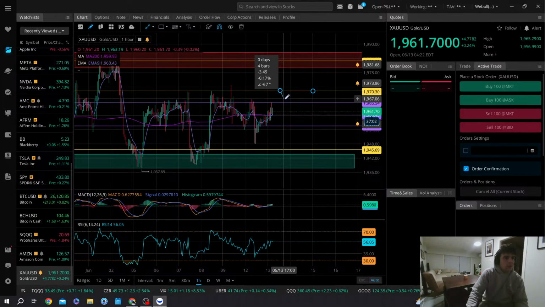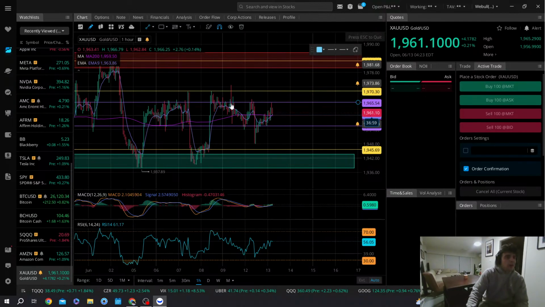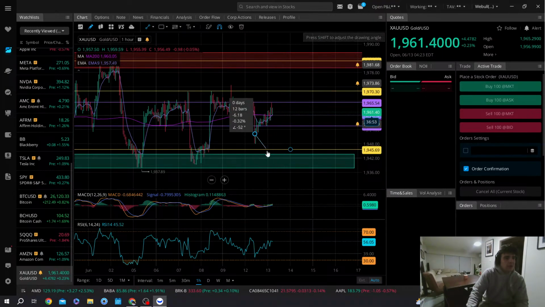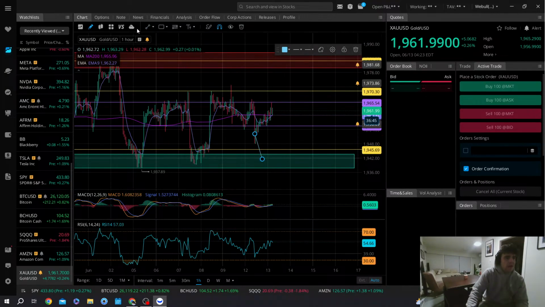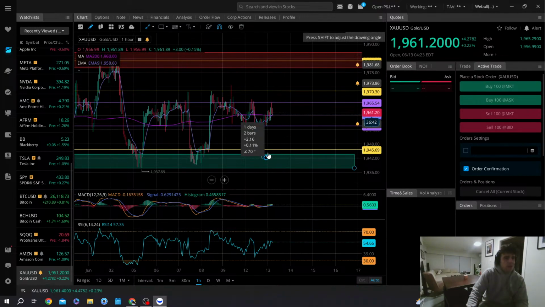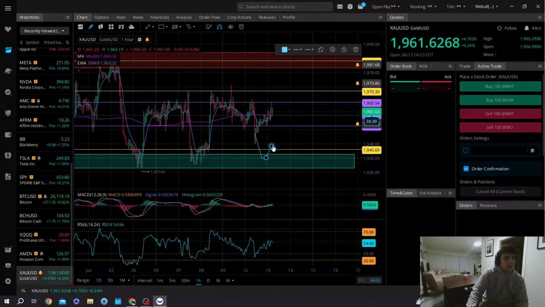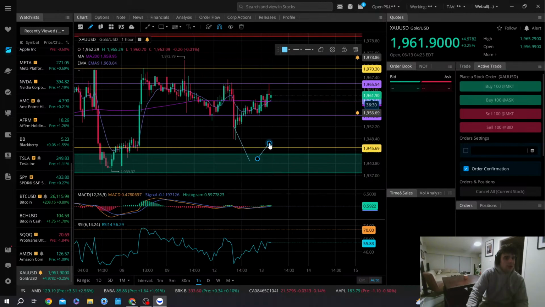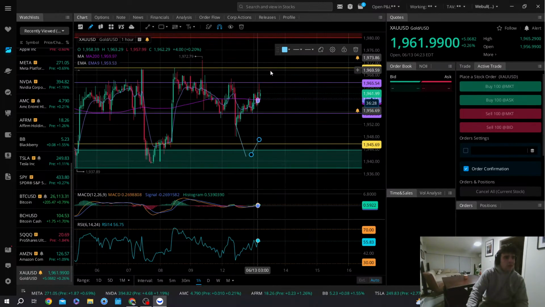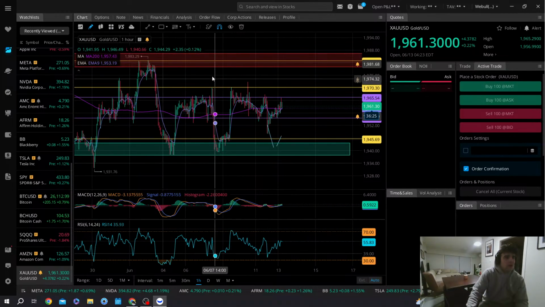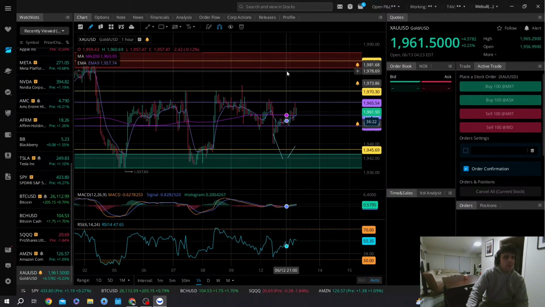Or, more likely and more of a favorable setup for me, I'd like to wait until it breaks this trend, comes back down to here, retests the support, finds support, and then breaks back through this yellow line, comes back up. This is where I'll be looking for a buy. If it comes down, consolidates, breaks back up, holds above this yellow line, that is a strong buy signal for me. That's where it's most favorable for us as traders.